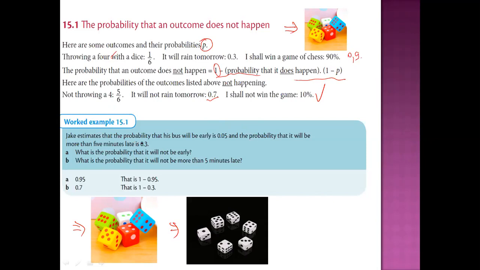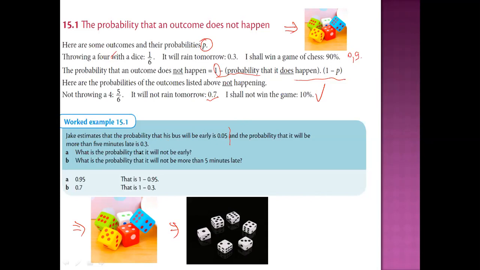So there we have worked examples. 15.1, Jake estimates that the probability that his bus will be early is 0.05. It's the first part of the question, okay? So let's read that again. Jake estimates that the probability that his bus will be early is 0.05. What is the question?